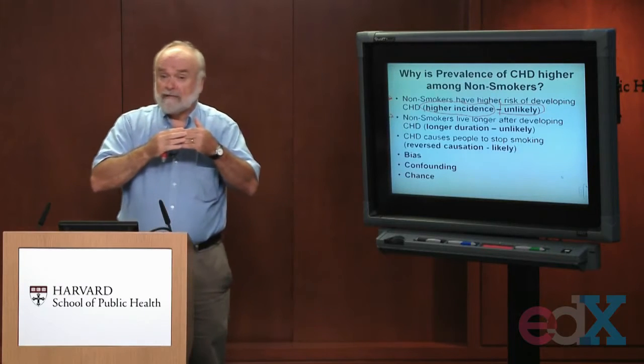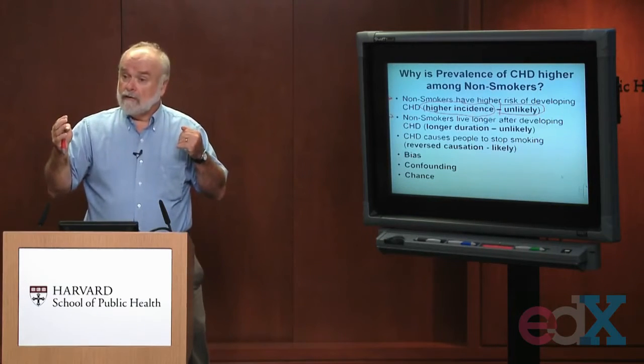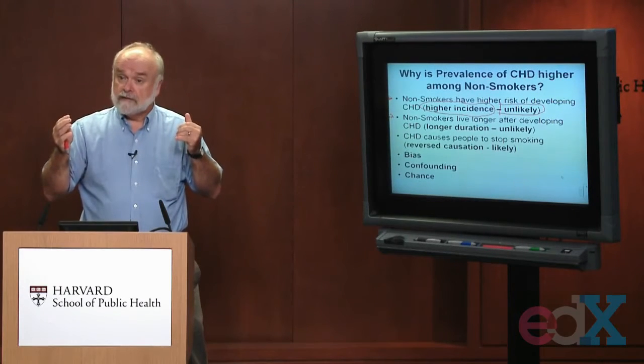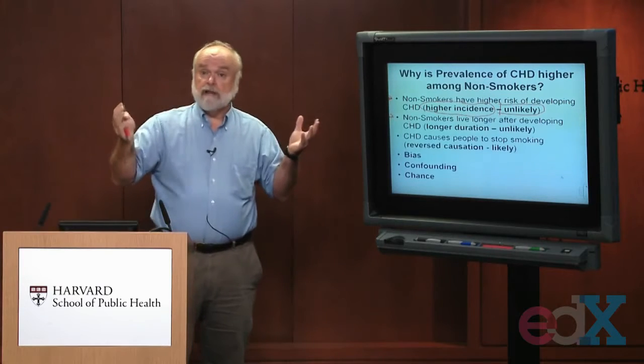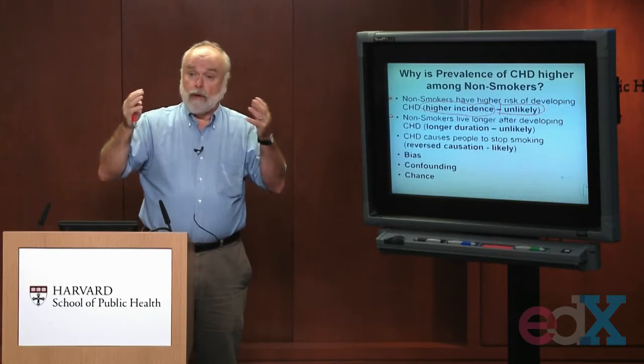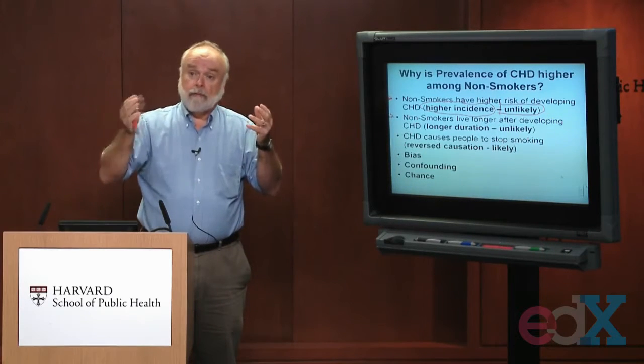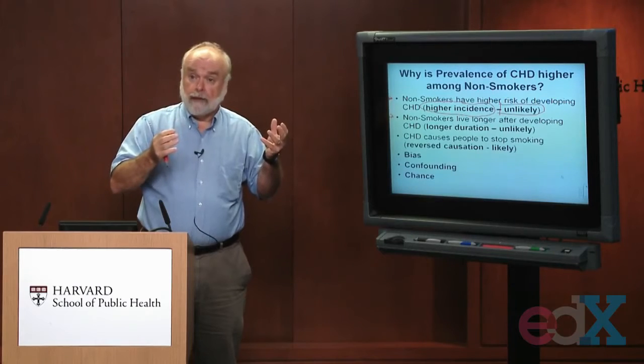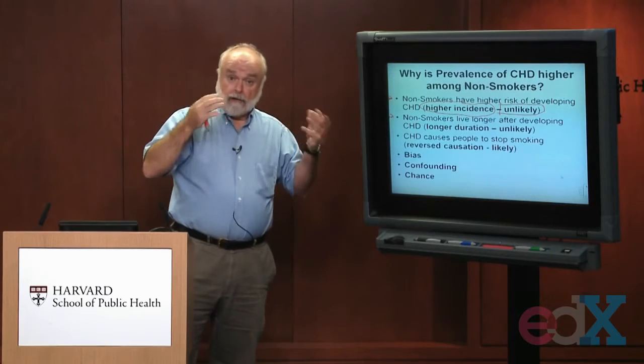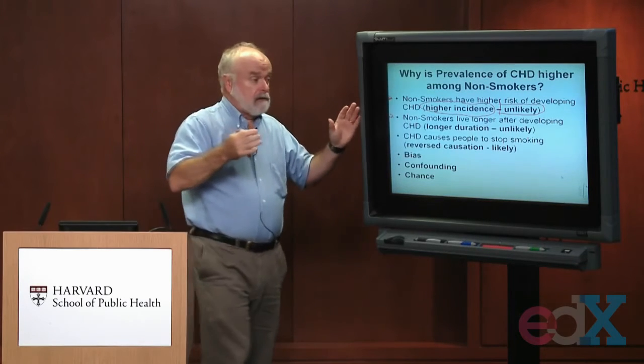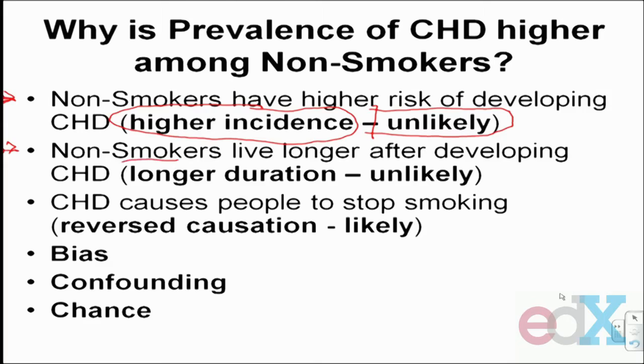Maybe the non-smokers live with their heart disease longer. It has a longer duration of disease. And that's another reasonable explanation for why the prevalence in one subgroup of people might be higher than in another subgroup of people. The outcome in question, existing coronary heart disease, might have a longer duration among the non-smokers.